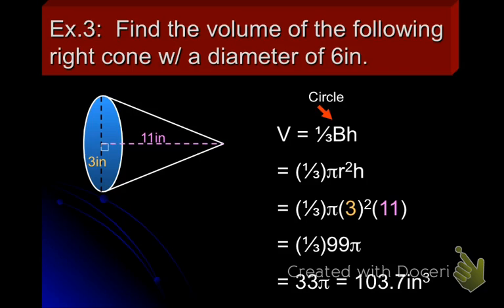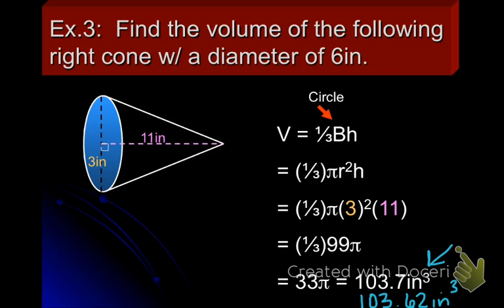And in this case, if I take 33 times 3.14, I would get 103.62 inches cubed. 33 times the pi button would round, so they used the pi button right here.